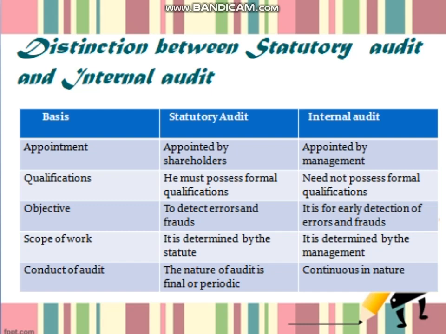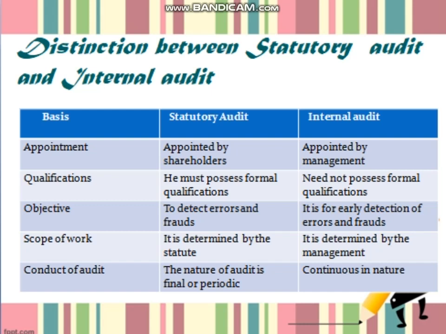On the basis of objective, the main objective of statutory audit is to detect the errors and frauds, while in case of internal audit, it is for early detection of errors and frauds.